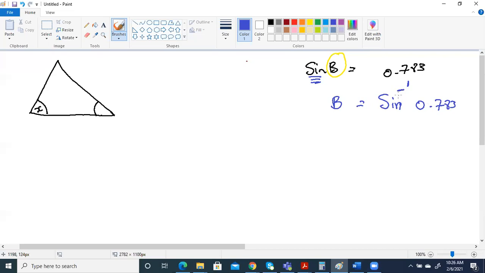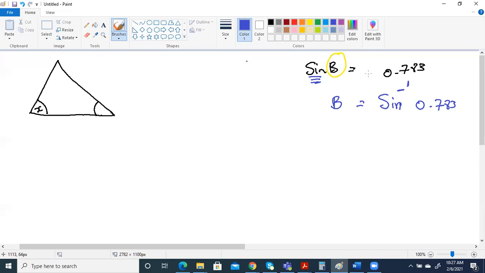You won't see sine inverse as a button on your calculator though. You'd have to press shift and then press sine, or if your calculator has a second function, press second function, then sine, and you will see the sine inverse come up on the screen. If it were cosine inverse or tan inverse, that's what you get when you carry it across the equal sign.